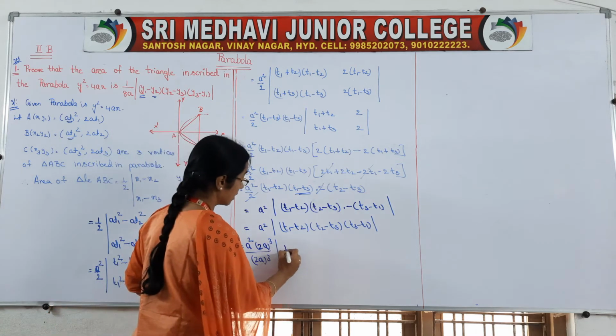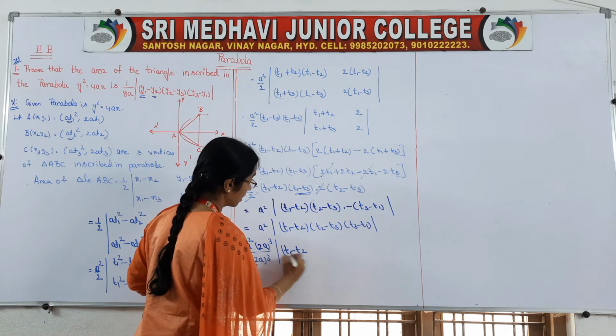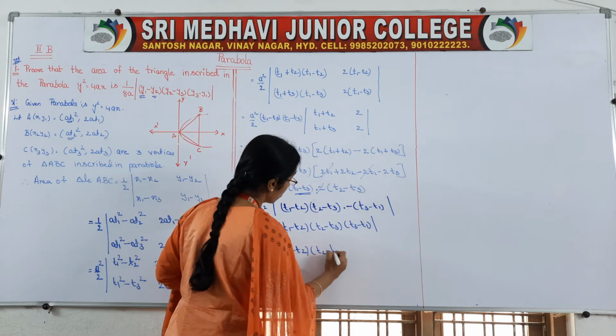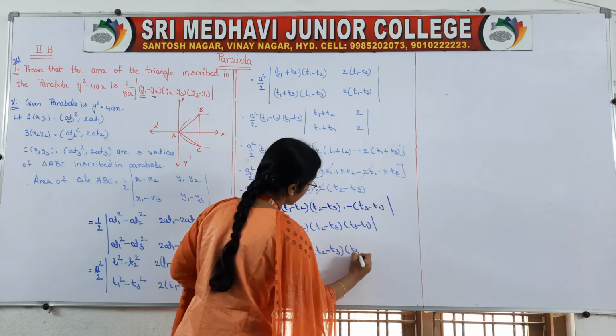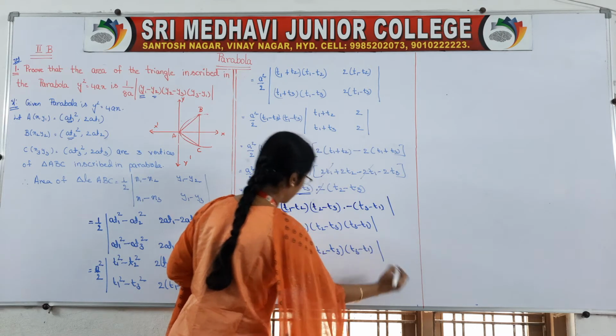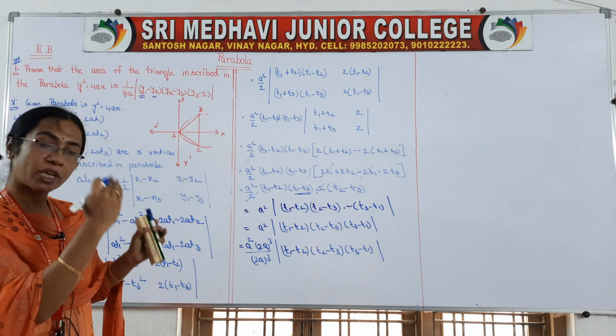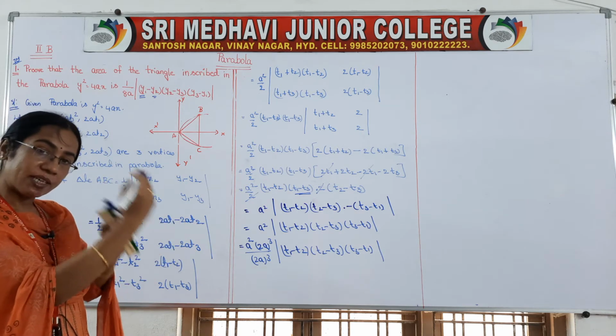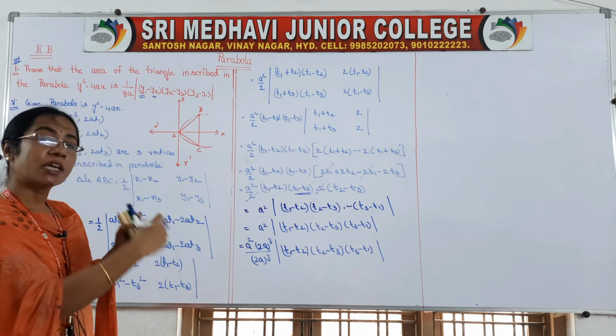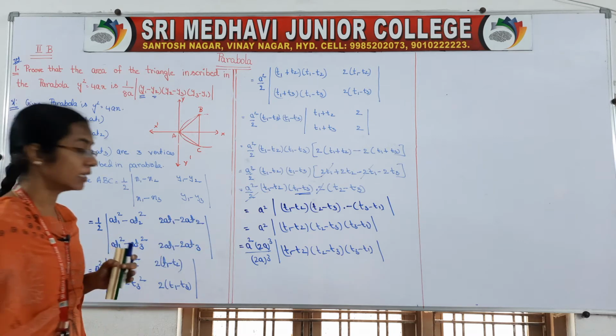Then we can take this as t1 minus t2, t2 minus t3, t3 minus t1. Give one 2a for the first term, the next 2a to the second term, the next 2a to the third term.